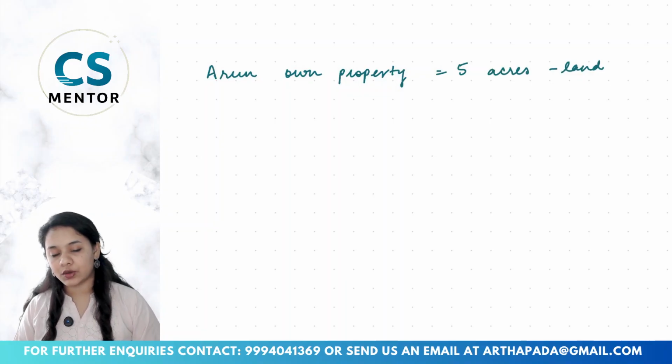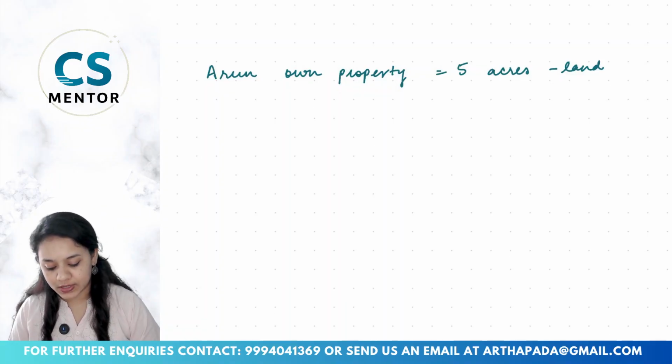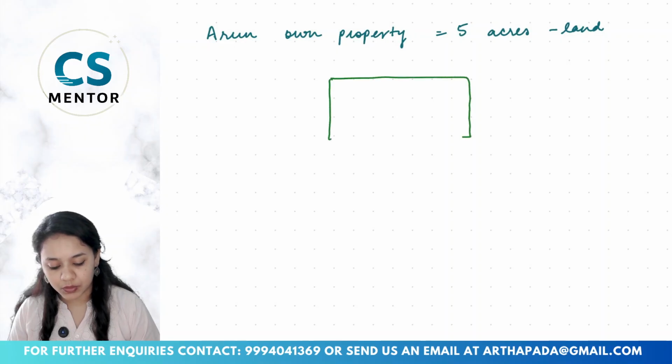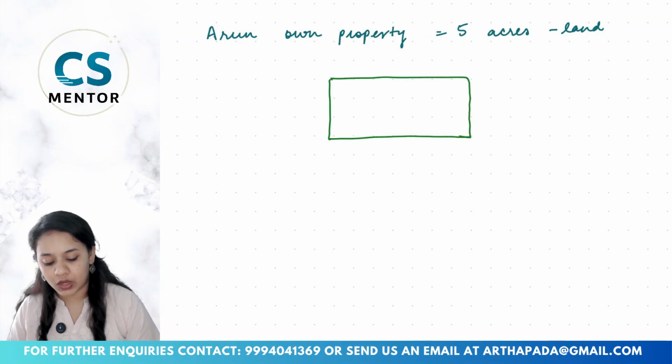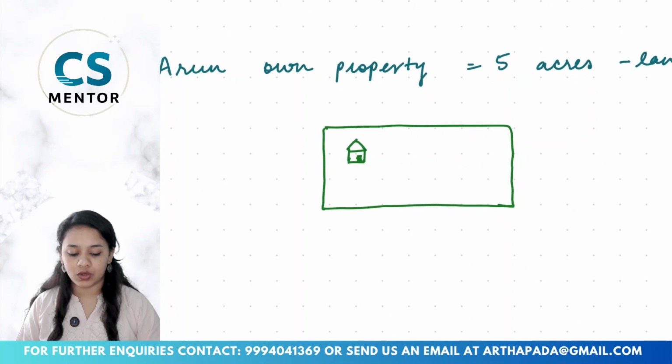Okay, great. Now, since Arun owns this property, let's try to describe this property a little bit in detail. So, the property itself looks something like this. Let's build a square property amounting to 5 acres of land. Now, Arun has a house which is situated over here. So the house is situated in one corner of the property.